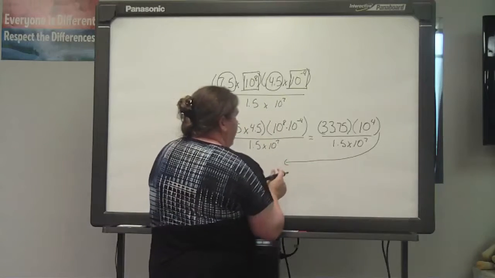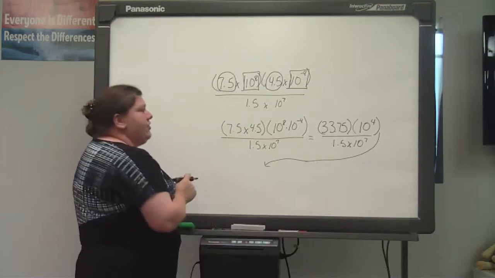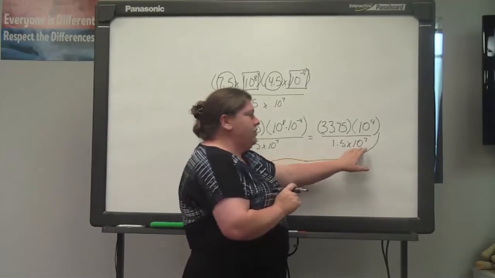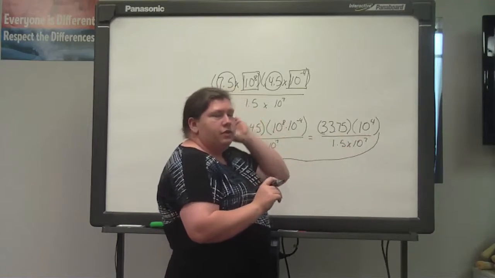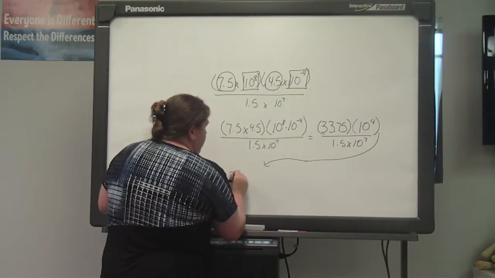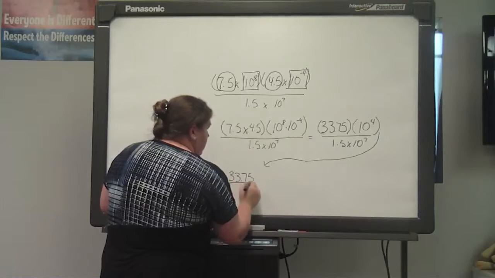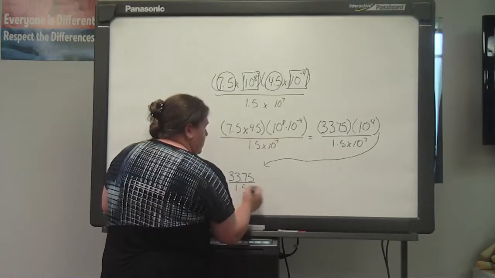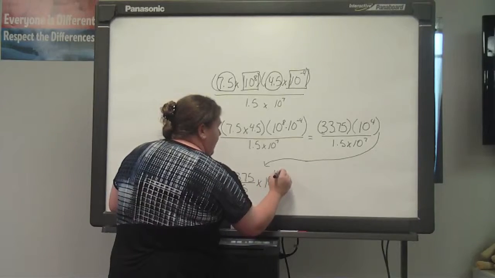All right, now the next thing I want to do is get my 10 to the 7th gone. I want my exponent gone on the bottom, if at all possible. So for that reason, now I have 33.75 over 1.5 times 10 to the 4 minus 7.